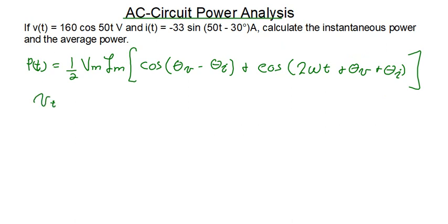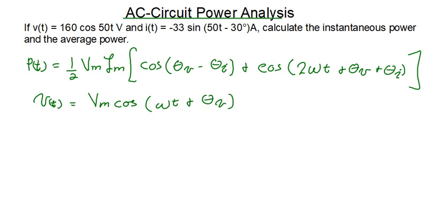your VT, your voltage, which is the maximum voltage of the sinusoidal voltage function, will be given as V max cos omega t plus the phase angle of the voltage itself.